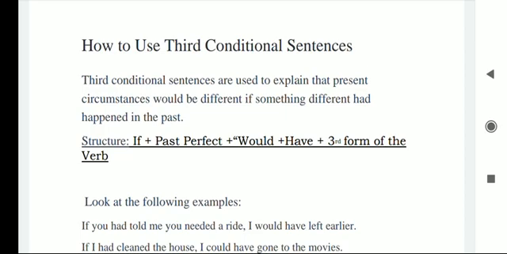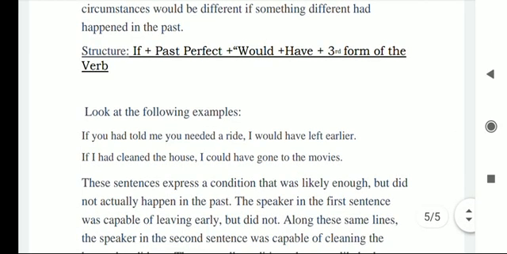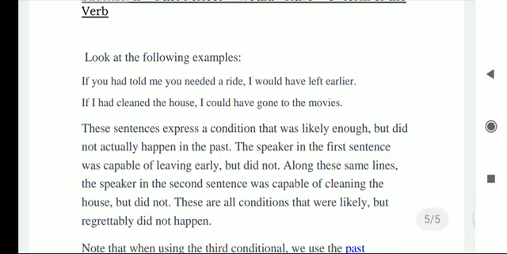Structure: if plus past perfect, plus would plus have plus the third form of the verb. Now look at the following examples. If you had told me you needed a ride, I would have left earlier.